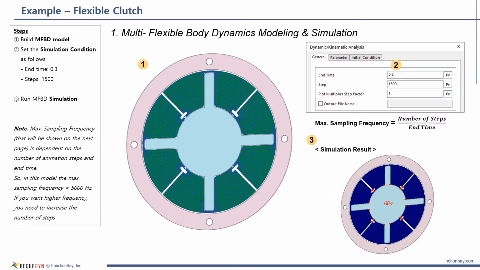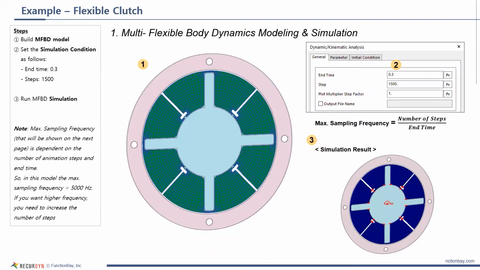And then the next step is to carefully consider the simulation conditions, because this is where you set up how many output frames or output steps you want with regards to the data at the nodes. In this case, the simulation is running for 0.3 of a second, and there are 1,500 output steps requested.